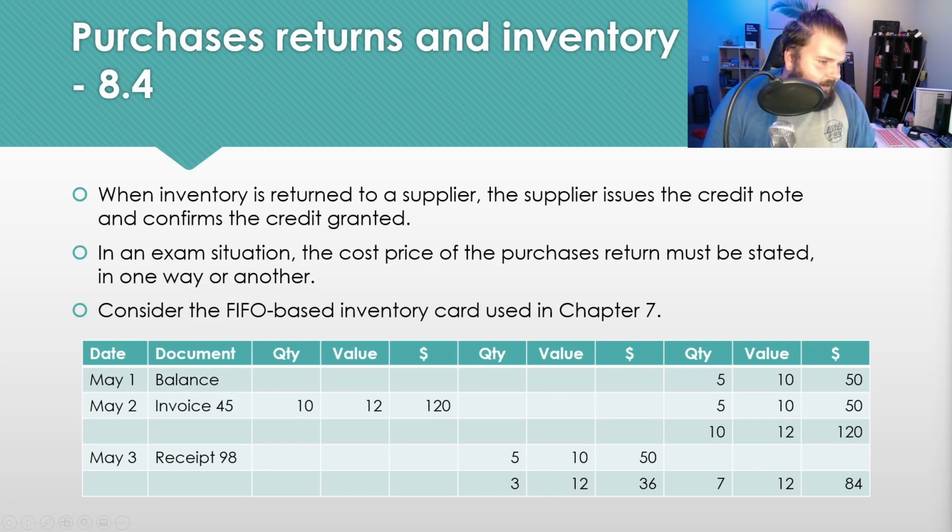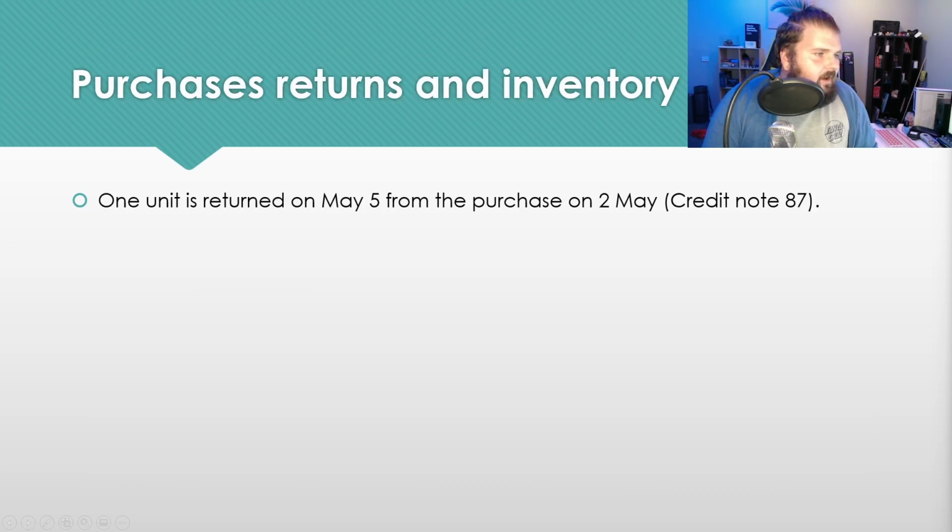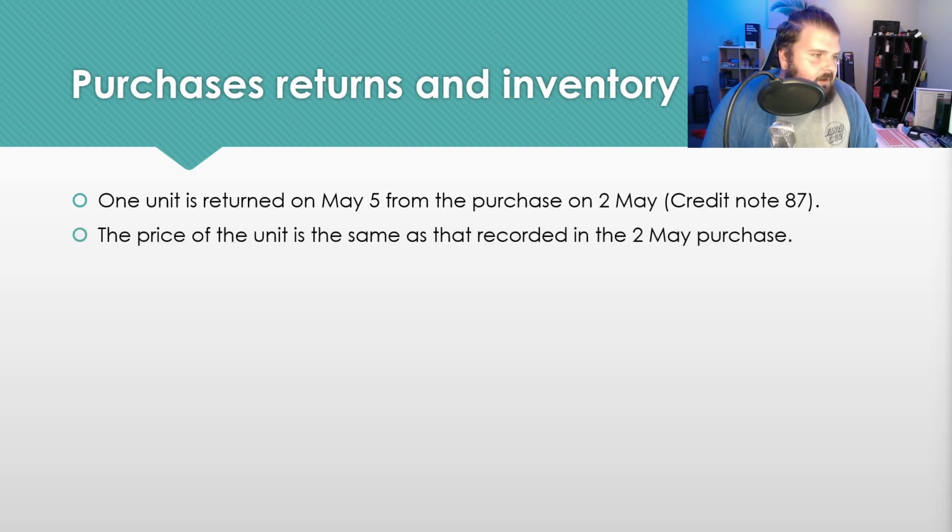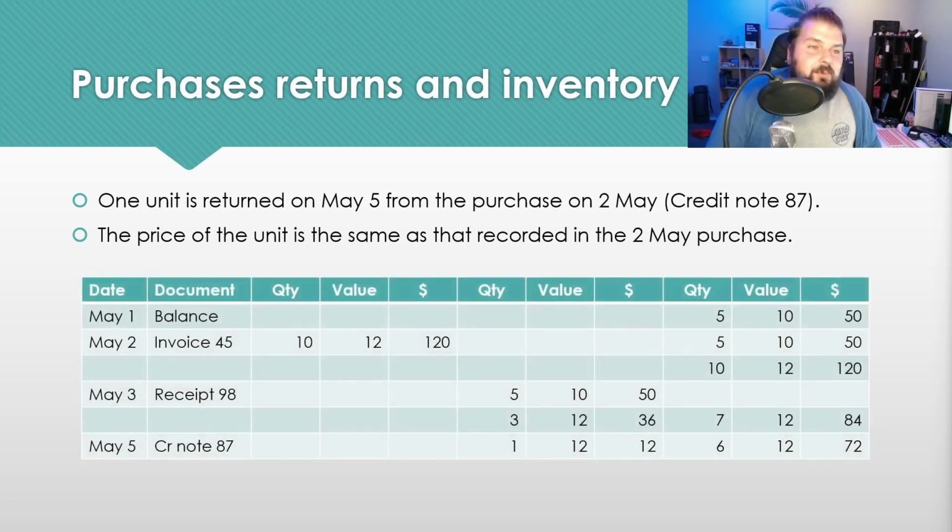So, once again, we're going to look at a return that's occurred. The price of the unit is the same as what's recorded on the purchase of the 2nd of May, and that is because we don't set the value of the credit note. The supplier always sets the amount.